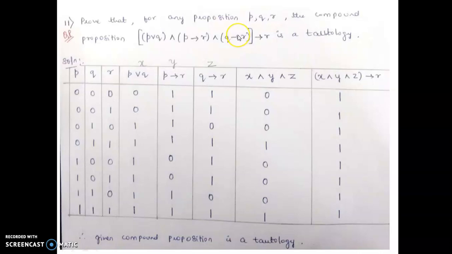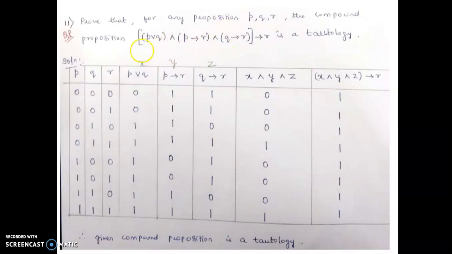Let me first tell you how we have drawn this tautology, by making use of propositions p, q and r, and assigning x, y, z values to p or q, p conditional r, q conditional r.